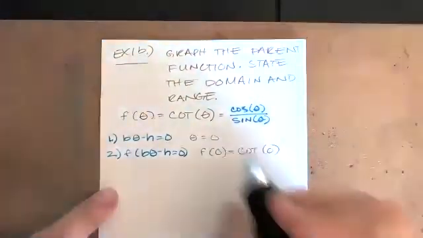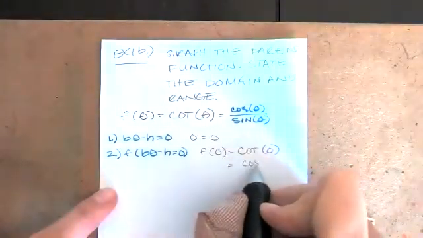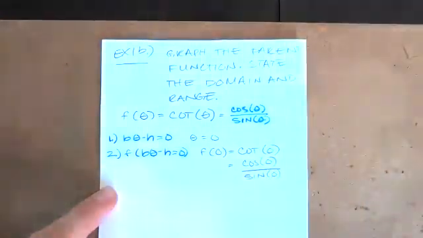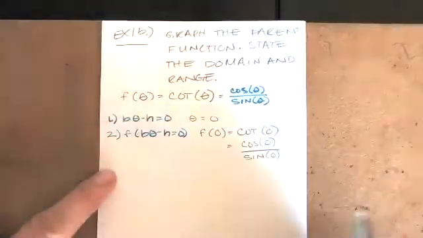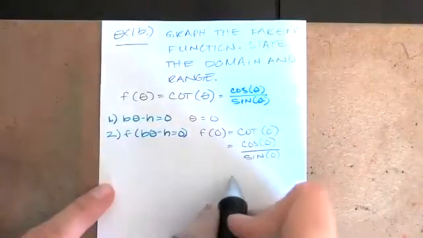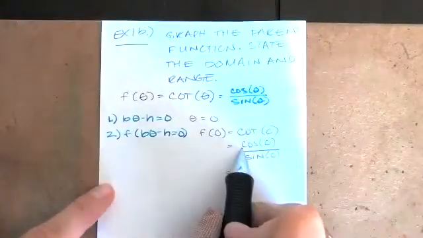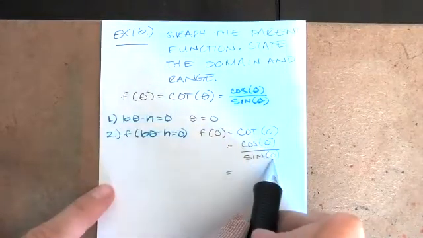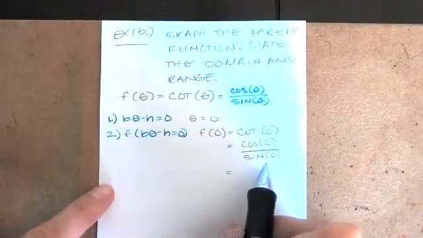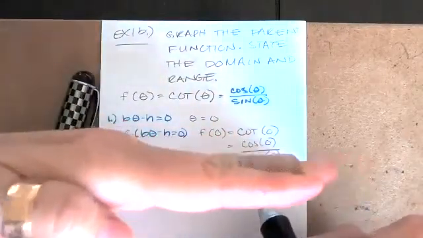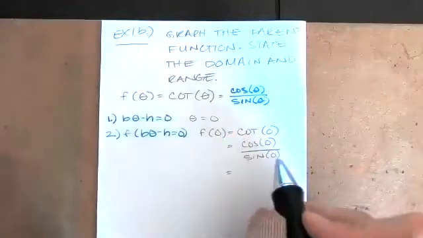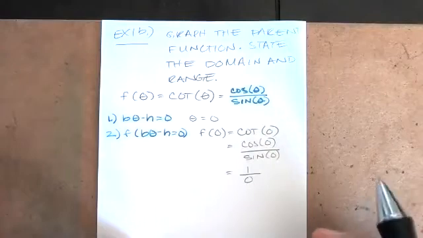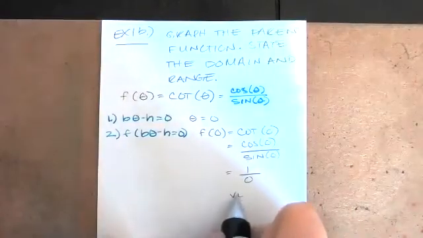Now remember, the cotangent is the cosine of 0 over the sine of 0. Now, the cosine is asking for the x-coordinate of this angle, and the sine is asking for the y-coordinate of the same angle. So the angle 0 is right here on the positive x-axis, and the x-coordinate is 1, and the y-coordinate is 0, which means we'll have a vertical asymptote.